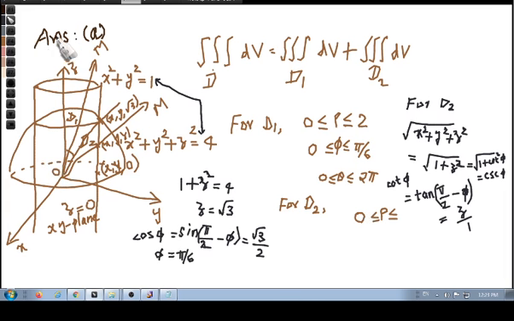So let us substitute for the limit. For D2, this is cosec phi. Now what about the phi variation? It varies from pi by 6 to 0. No, pi by 6 to pi by 2, because the plane z equal to 0 is precisely phi equal to pi by 2.